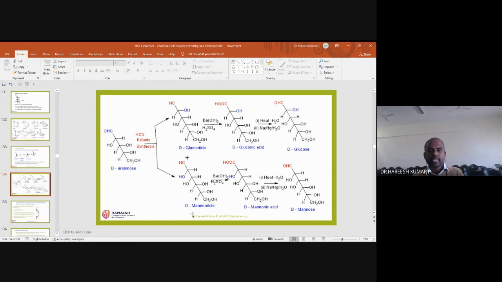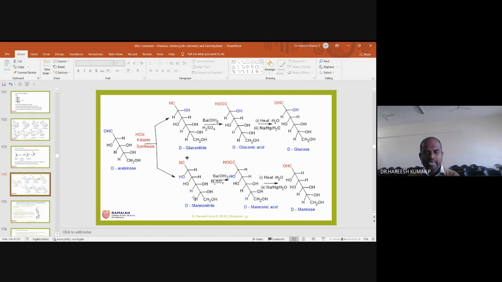Then D-mannonitrile. CN stands for nitrile. So that means these two are a racemic mixture. Of course, these two are enantiomers. How are these two obtained? By the addition of CN minus to the arabinose.